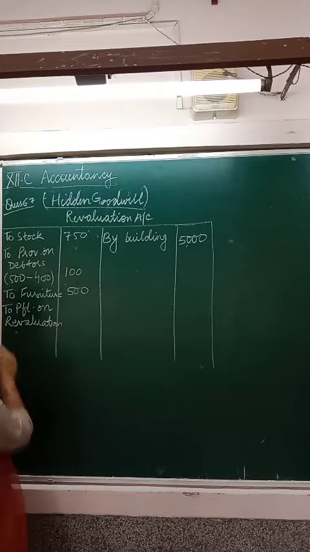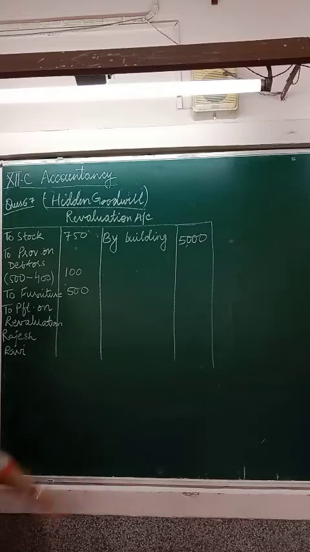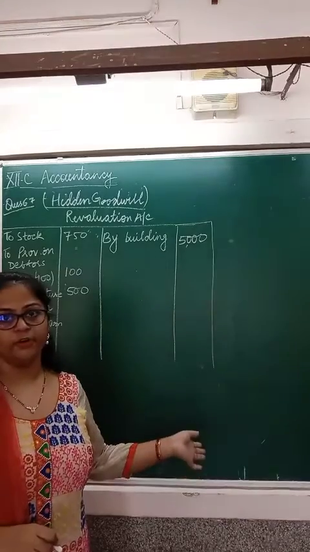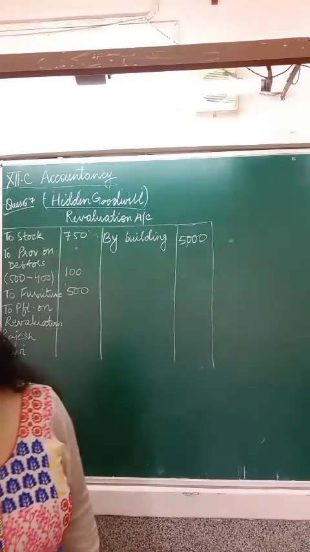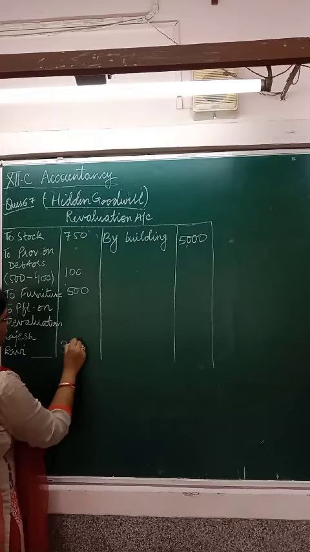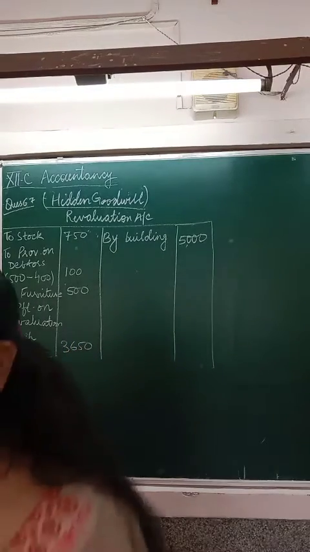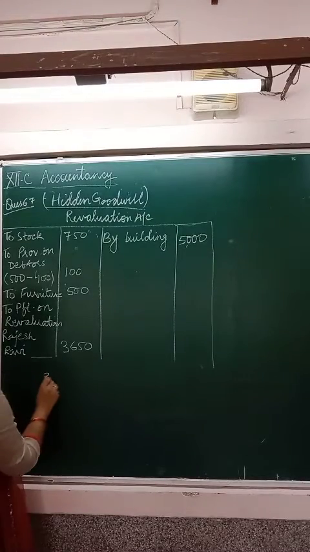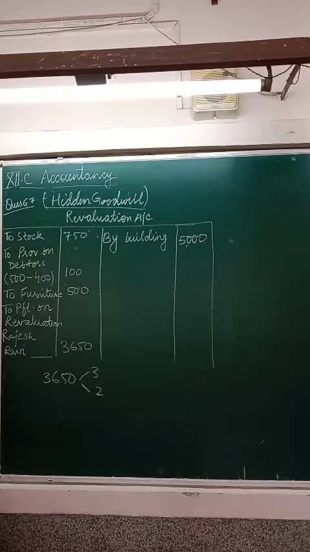Now for profit on revaluation, Rajesh and Ravi, who are the old partners, are to receive this profit on revaluation in their old profit sharing ratio. It amounts to rupees 3,650. Now this 3,650 is to be divided in the old ratio 3:2 for Rajesh and Ravi.